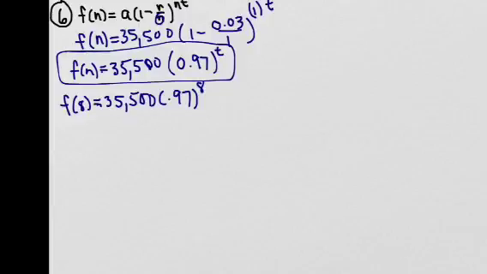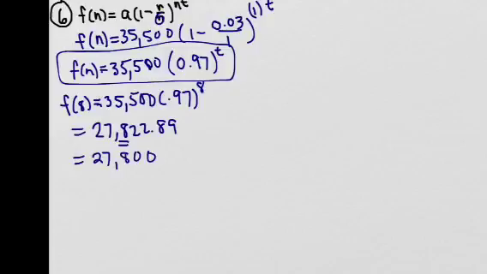When you input that into the calculator, you end up with, let's see, 27,822. And they want you to round to the nearest 100. Now this is the nearest 100 right here. So is this closer to 800 or 900? As you see, 822 is closer to 800. So this would be the population.